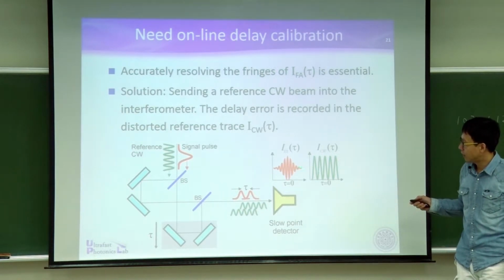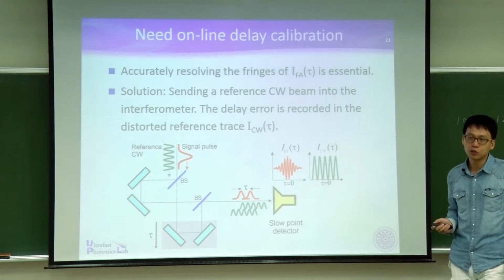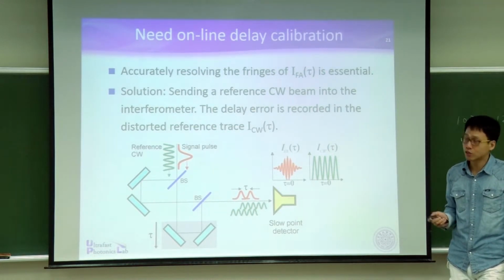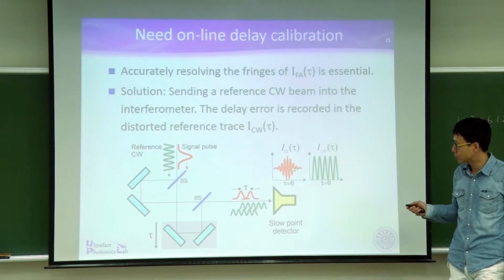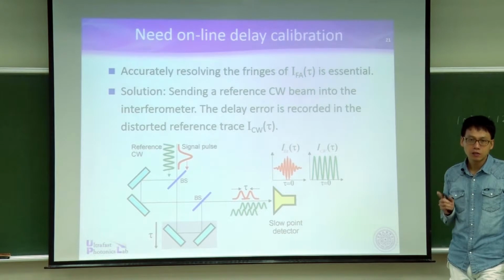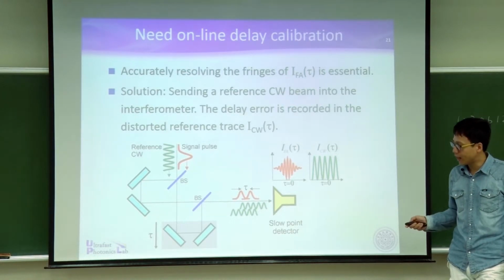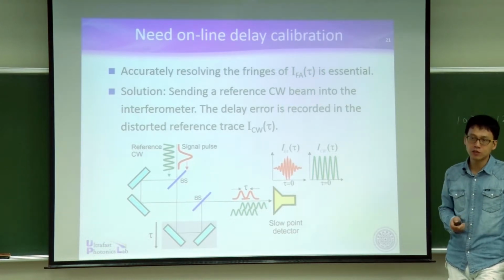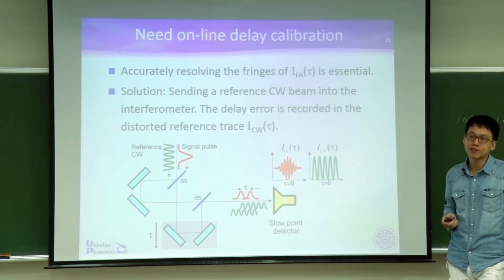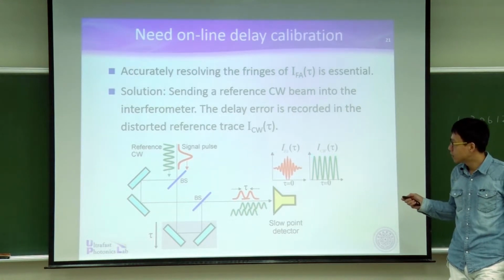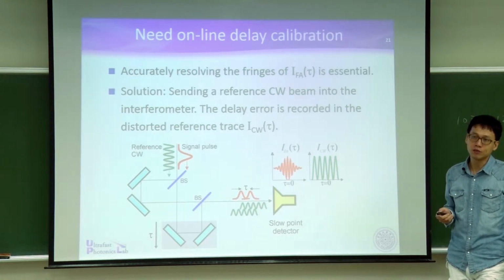So ideally, you will have a sinusoidal-like data trace due to your reference CW laser. So you can have them both. Then, whenever there is any error about the translation stage, it will be recorded in this green trace. It's no longer a purely sinusoidal function.